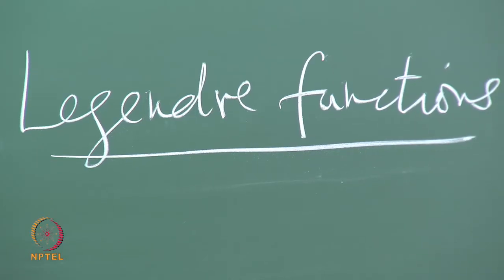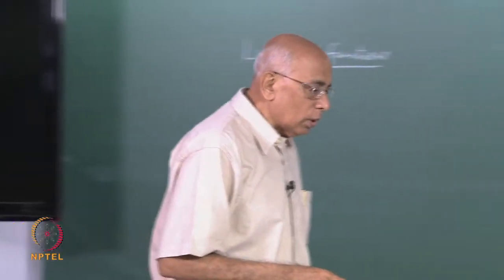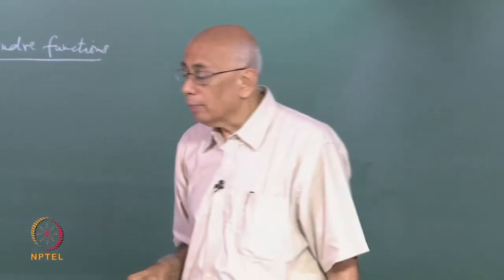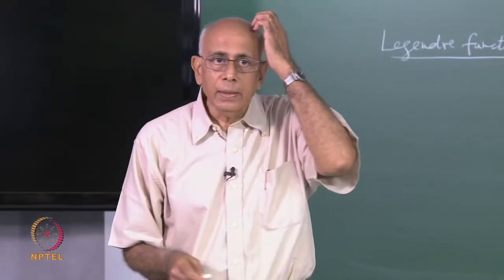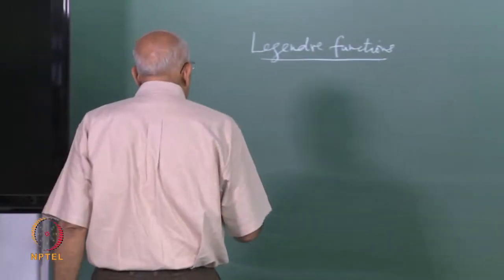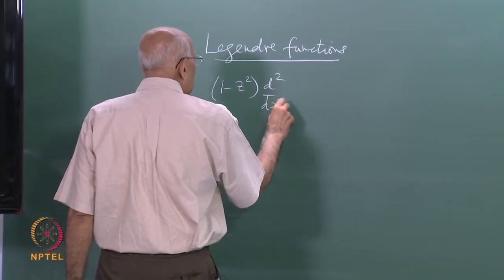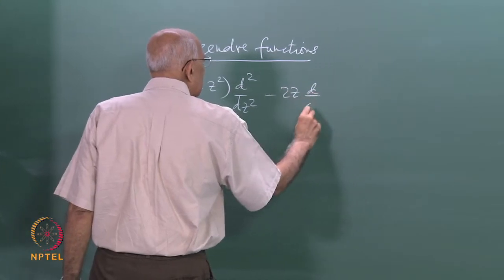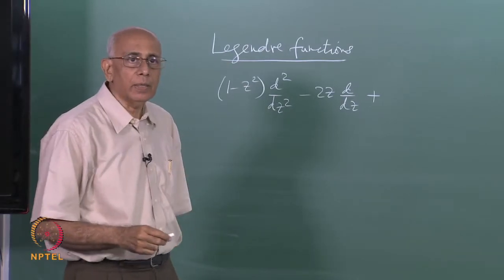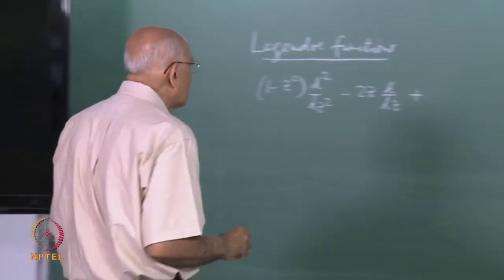Recall that these functions are solutions of a certain specific second order differential equation, which you would normally write down in elementary treatments as equations in a real variable x, say between -1 and 1. But you do not have to do that. The equation itself is valid for all values of the complex variable z, and it reads something like this: (1 minus z squared) d²/dz² minus 2z d/dz plus, instead of the order L restricted to an integer, let me use another symbol nu, say, which is going to take unrestricted values over the complex domain.